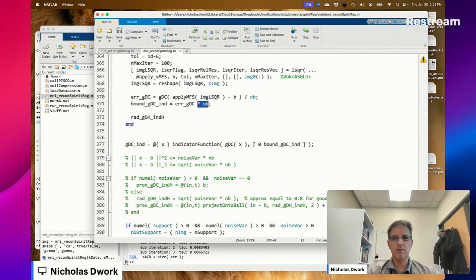We may get rid of this times MB, divide by MB in a second, but we're not doing it right now in case we need to use the ACR. Okay.